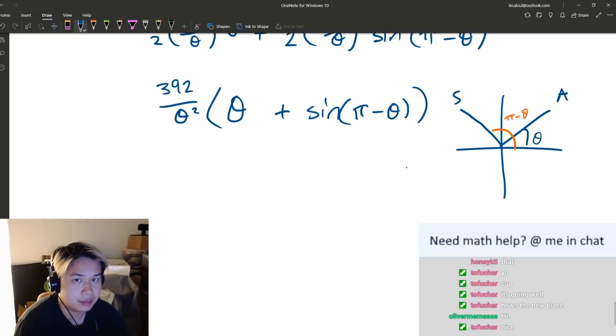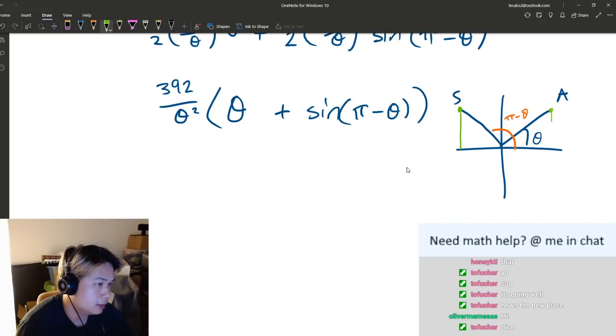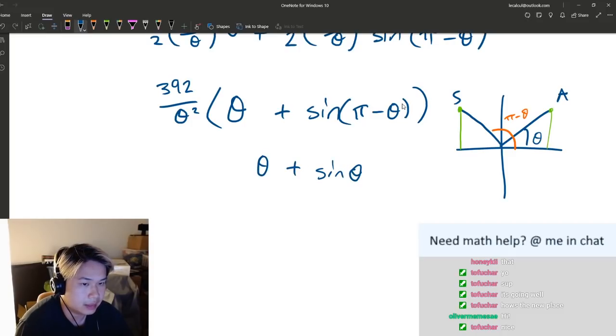Because again, sine is measuring the height of a coordinate on the unit circle, so they have the same height, so the sine value is the same. So this is just sine of theta. This is theta. This is 392 over theta squared, and then you're done.